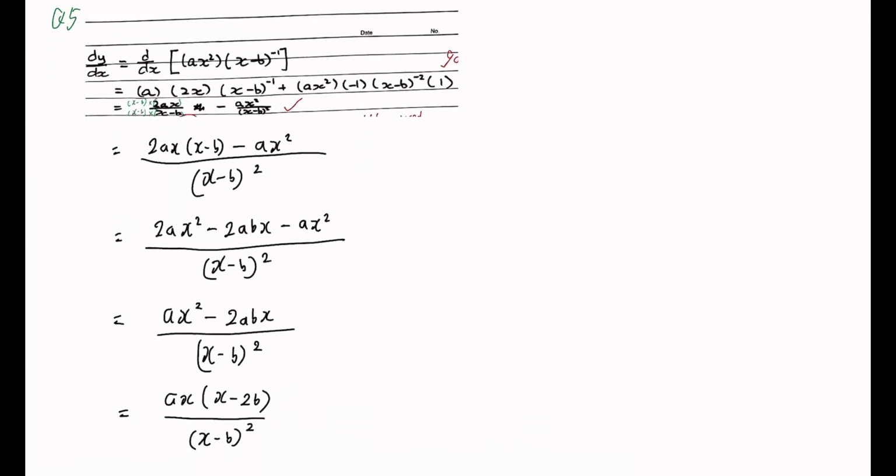What did they tell us? The tangent to the curve at the point 1/3, 6 is horizontal. What does that mean? It means that m equals 0. M equals 0, okay. So that means dy/dx equals 0.